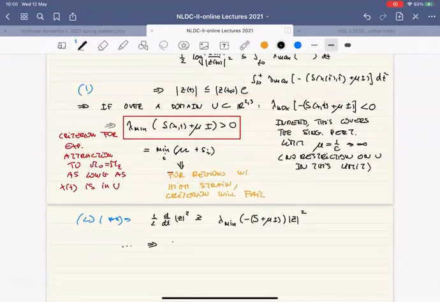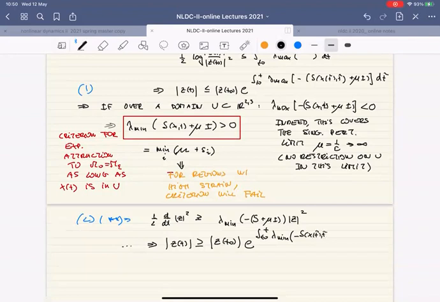What you get is that the norm of Z(t) is larger than or equal to the norm of Z(t naught) times the exponential integral from t naught to t of lambda min of the same matrix minus S at x tilde, x tilde of t tilde, and that minus multiplies both, plus mu I, dt tilde.